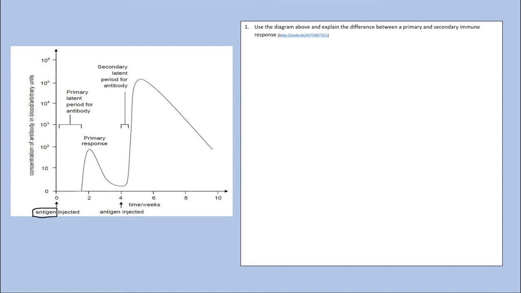You can see that the latent period, the period it takes to kick off an immune reaction, is 2 days to hit the peak of its response. Now, when we get the second injection, it starts here, and it already reaches its peak in under a day. So the second response is under a day.